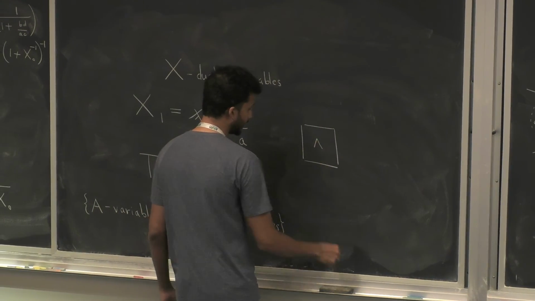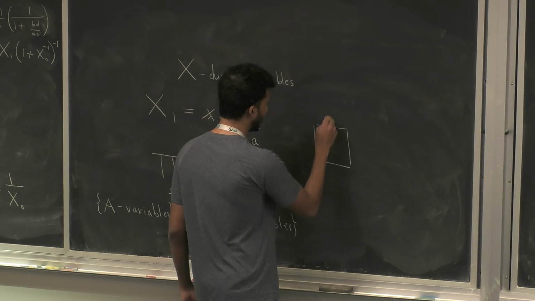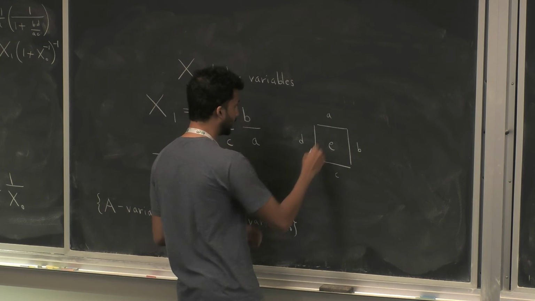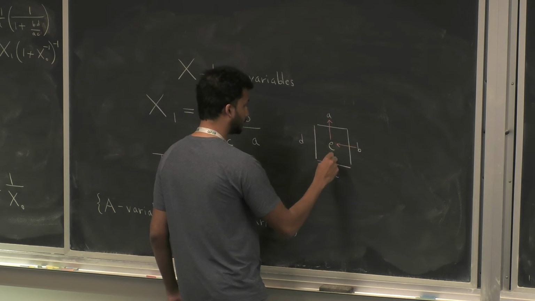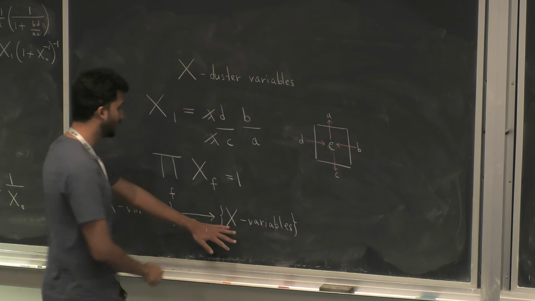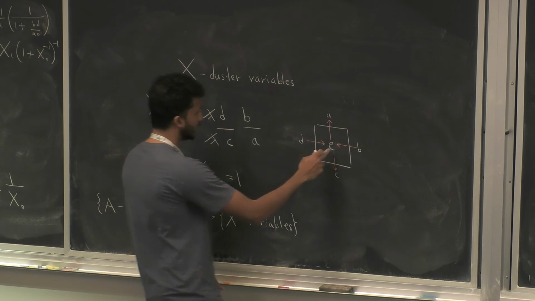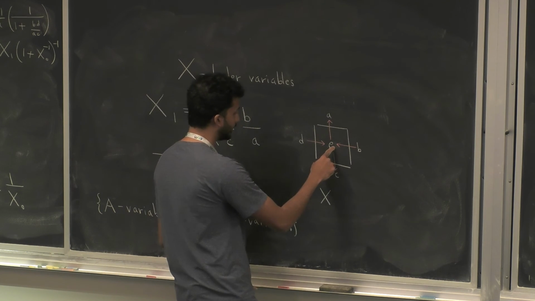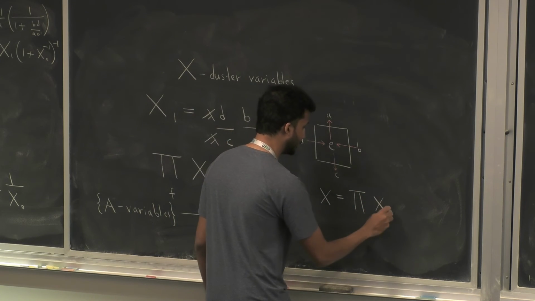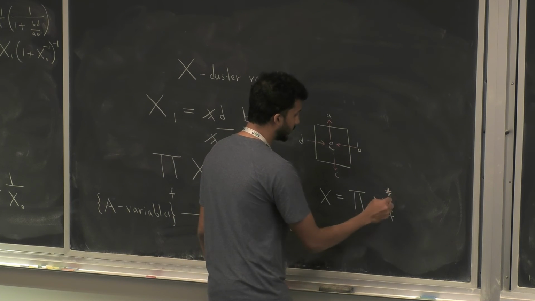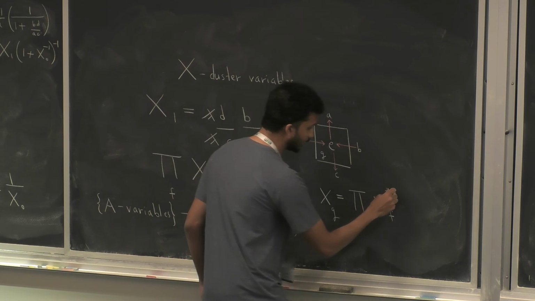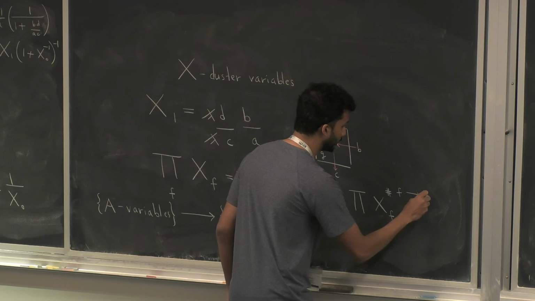If I have a variables associated to each of the faces, and here's my quiver, the general way to get x variables from a variables is that the x variable of a face, suppose G over here, is the product over all faces F of the a variable of F to the power of the number of arrows from F to G.